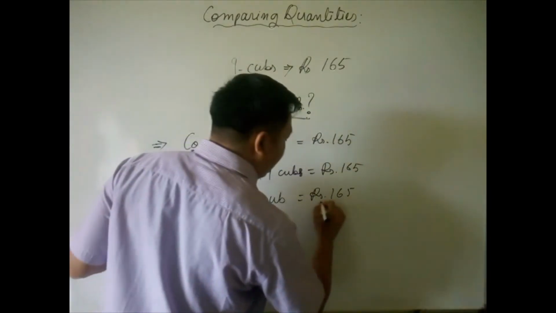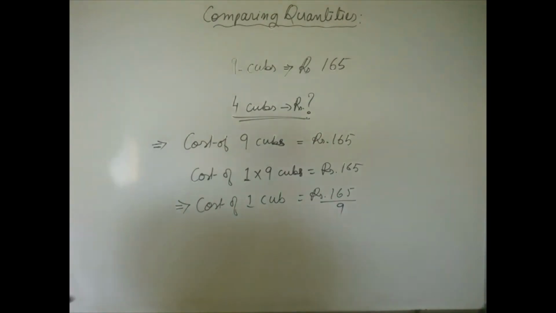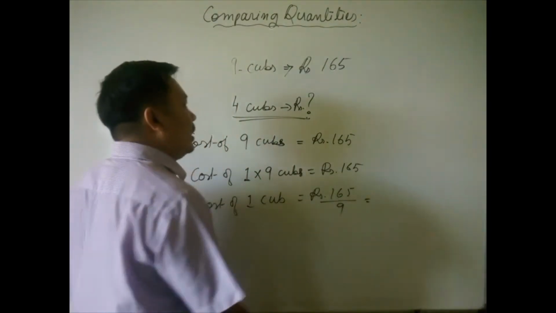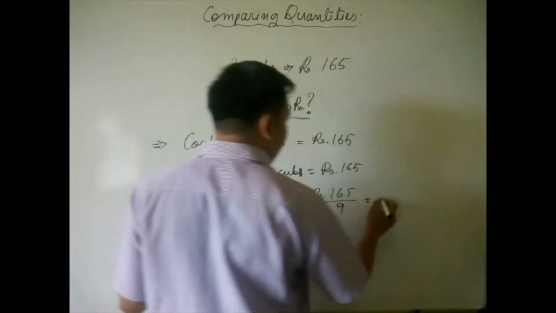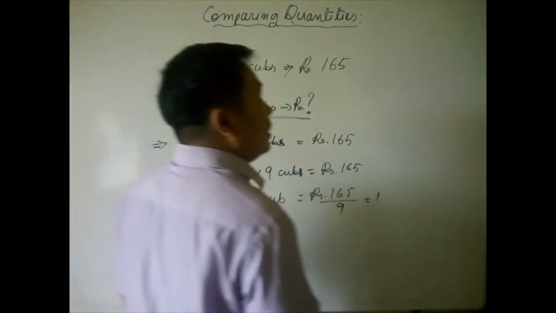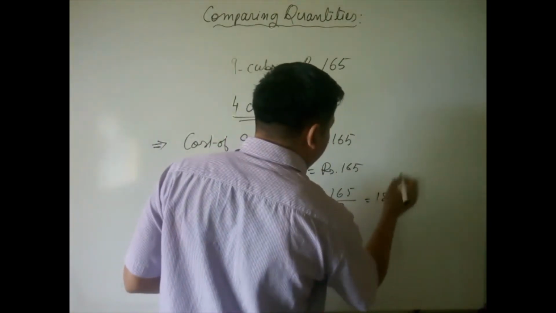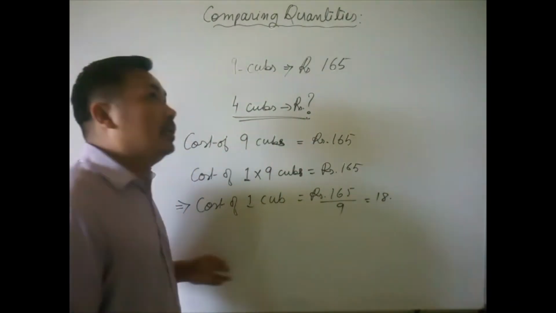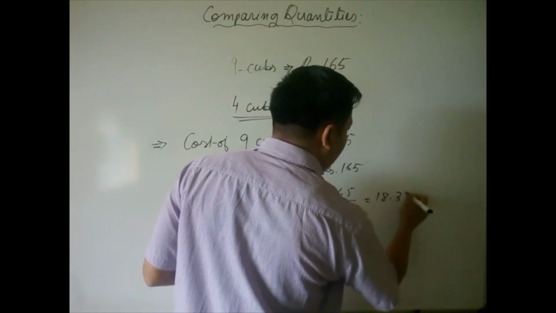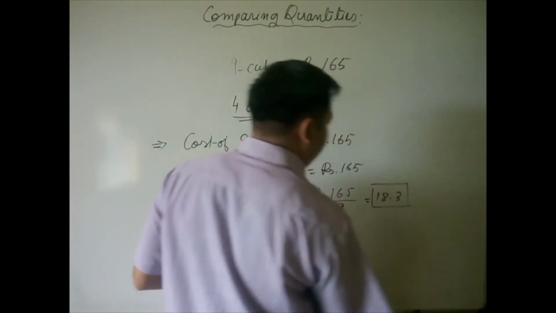Yes, we will divide by 9. If you divide by 9, you will get the price of 1 cup. How much is that? 9 1 is 9. Then you get a fraction or some numbers. Okay, clear.